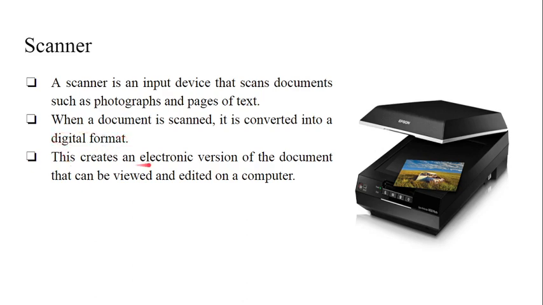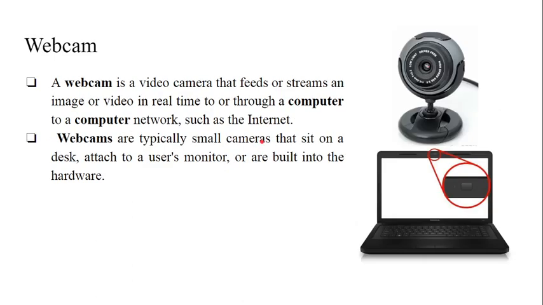This creates an electronic version of the document that can be viewed and edited on a computer. Whatever thing we want to scan is to be placed inside the scanner, and we have to do the scanning process. Then the document will be scanned into a digital format and stored in the computer.